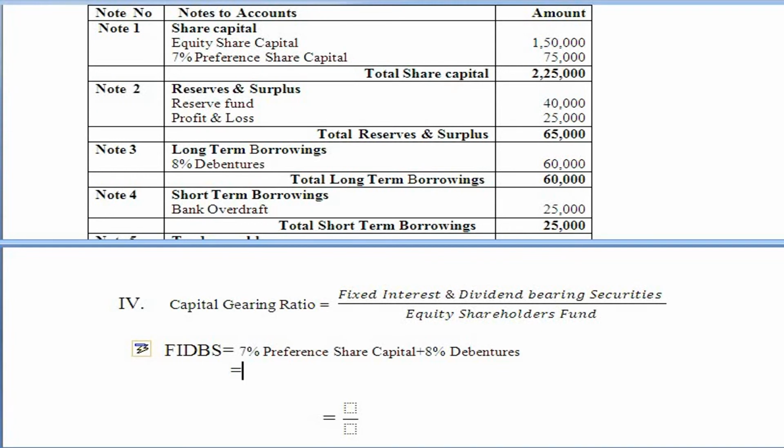How much is the amount of 7% preference share capital? It is 75,000. Plus what is the amount of 8% debentures? 60,000. Now 75,000 plus 60,000 is equal to how much? 1,35,000. Okay, 1,35,000.